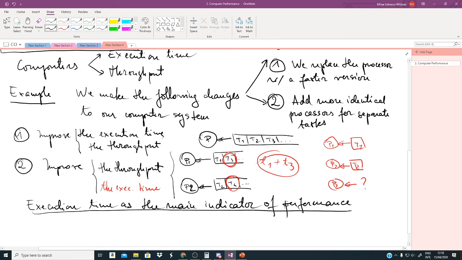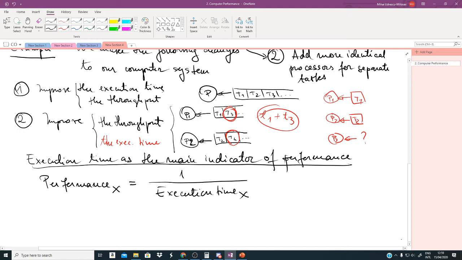So the performance of a computer X when running some program is 1 divided by the execution time of that program on computer X. This means that when we say the performance of computer X is bigger than the performance of computer Y, it means that the execution time X is smaller than the execution time Y.